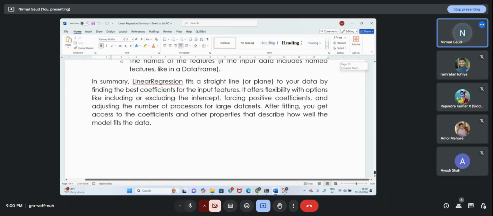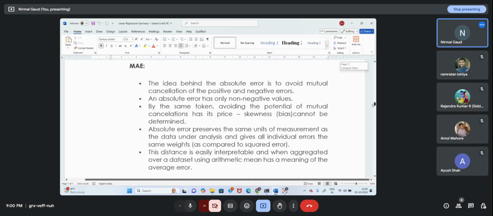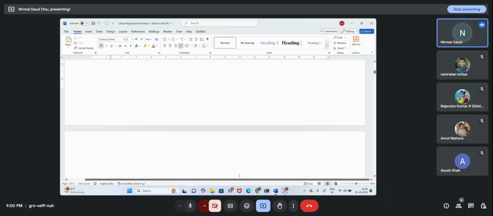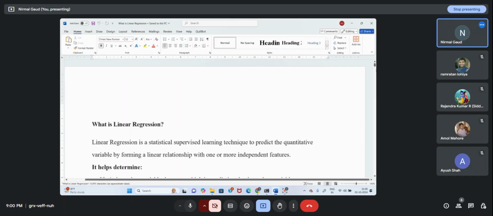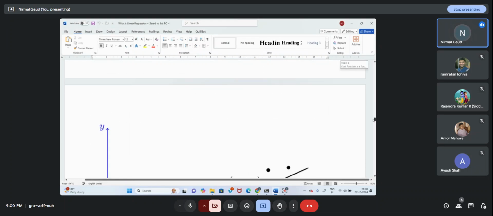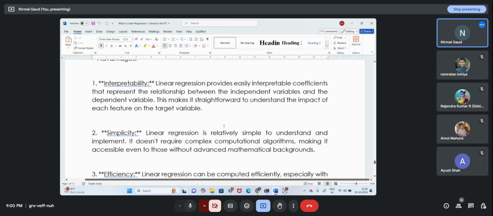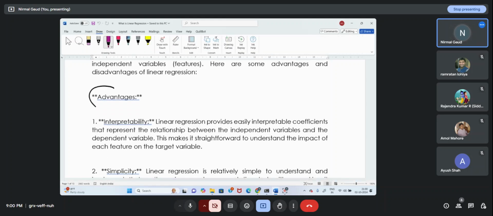I guess I have to refer to other notes to talk about advantages and disadvantages. Now let's take linear regression. What is linear regression? Fine.